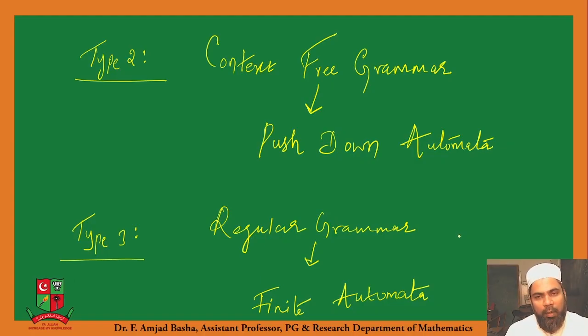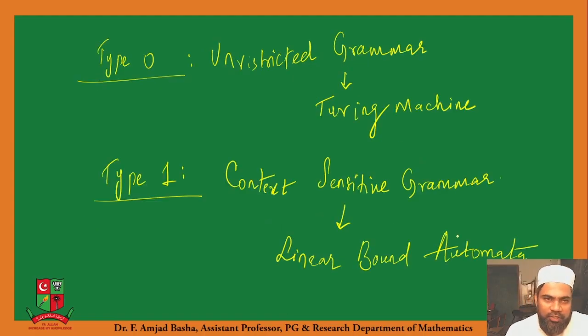The languages which are generated by these grammars are as follows. The language generated by type 0 grammar is called recursively enumerable language. The language generated by context sensitive grammar is called context sensitive language.